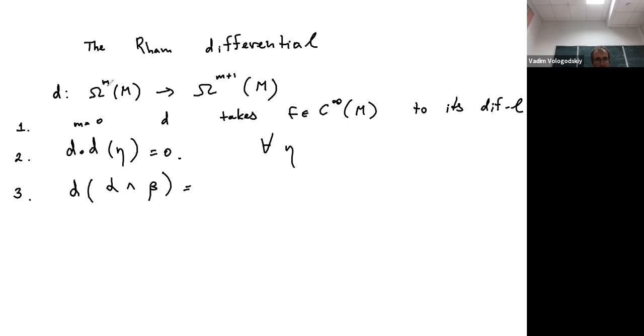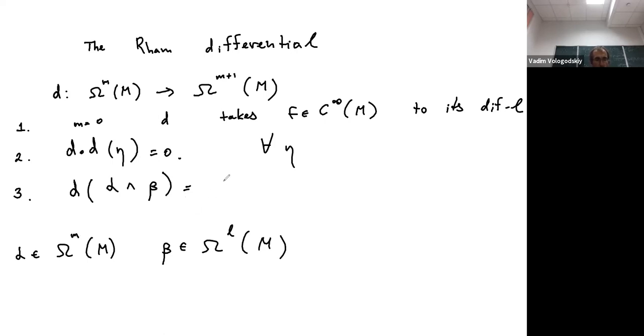Duran differential increases the degree by 1. So if, say, alpha is in omega m, and beta is another form, this guy must have degree m plus l plus 1.